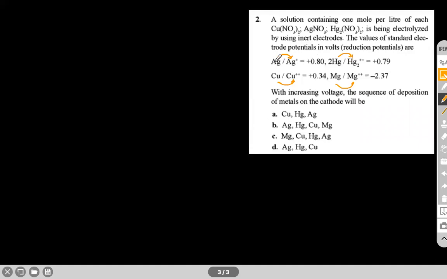But the standard reduction potential of water, you should have that information. The standard reduction potential of water is minus 0.83 volt.